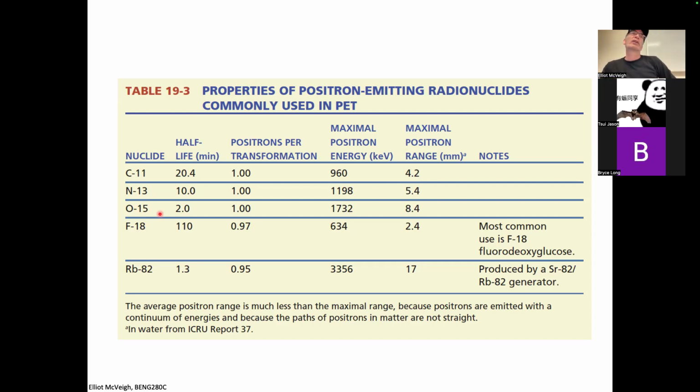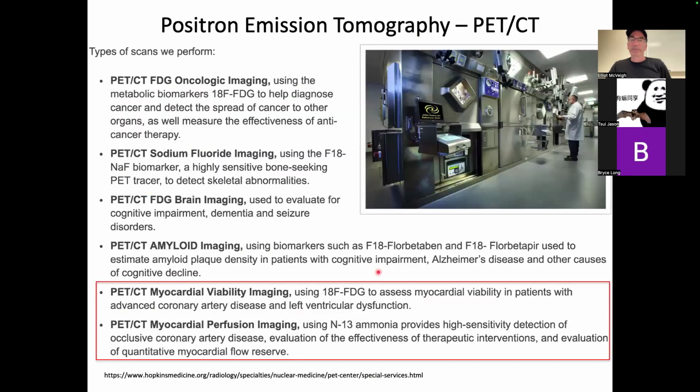So that's terrific. It can go right through a cell. If you want something that's freely diffusible, that's a great choice. And then F18 is in this molecule, fluorodeoxyglucose, which is like a sugar, and there's rubidium. I don't know what this is used for, actually. I should have looked that up.